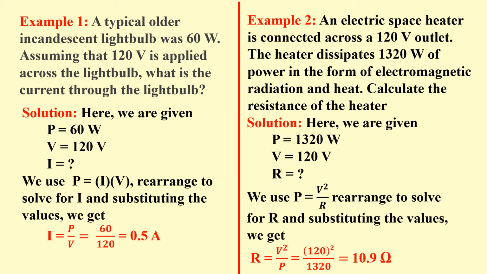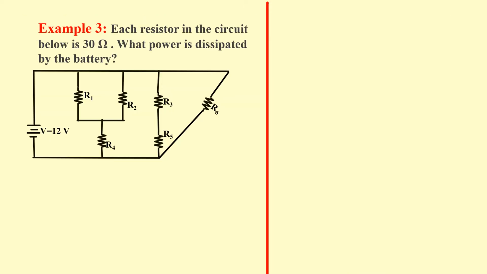The voltage is 120 volts and we are required to find the resistance R. So, we use this formula P equals V squared over R. Rearrange to solve for R and substituting the values we get R equals V squared over P, or 120 squared divided by 1320 equals 10.9 ohms.